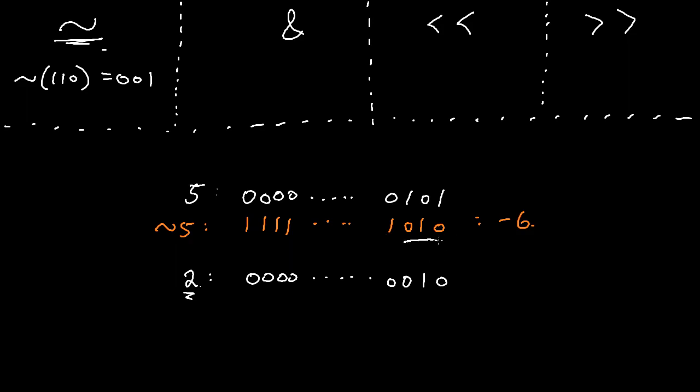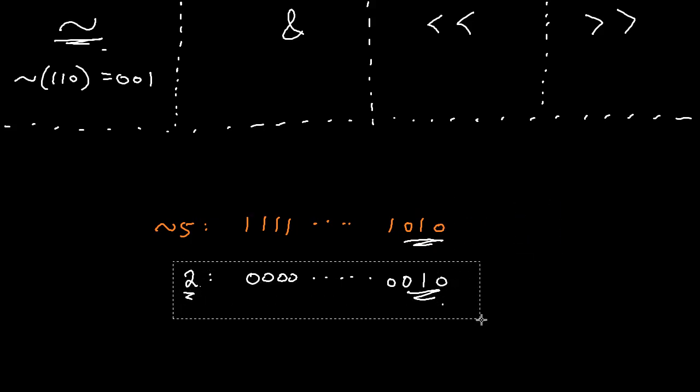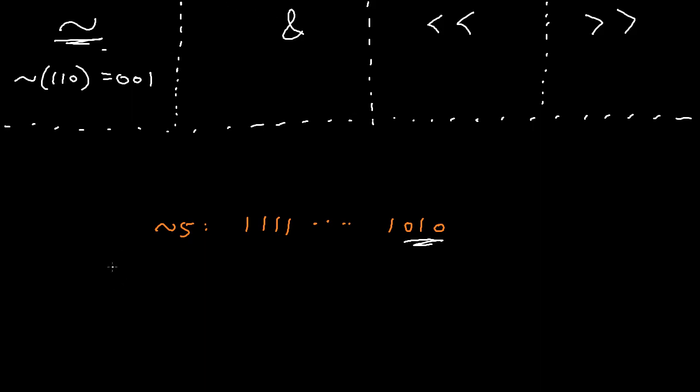They share the last 3 bits as our desired answer, but we have all of this junk ahead that we really don't want. So we want to introduce the AND operator. Specifically, we want to AND it with a number that we're going to craft ourselves, and this number is going to be called our mask.